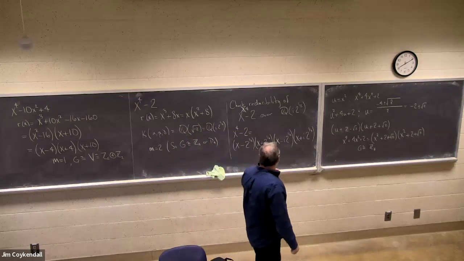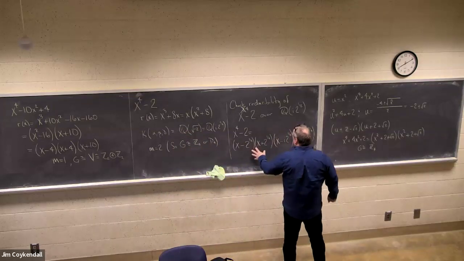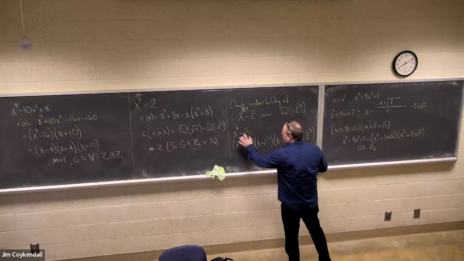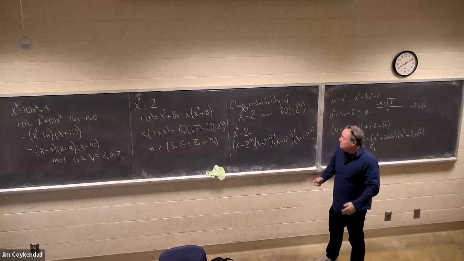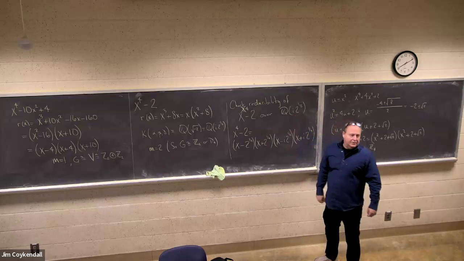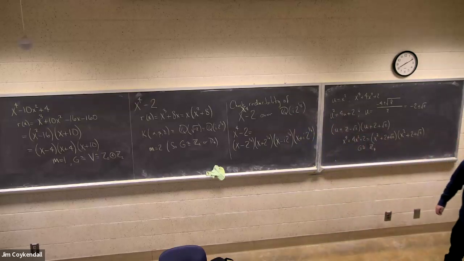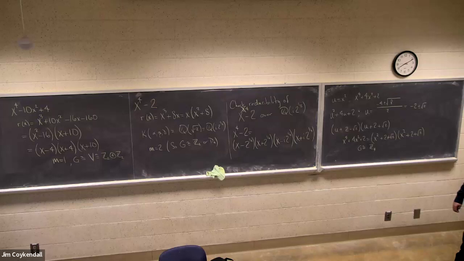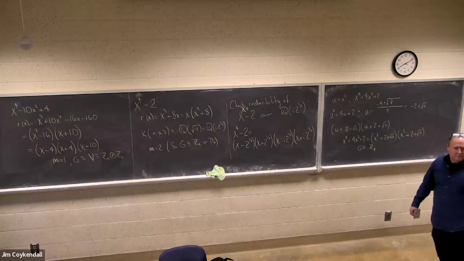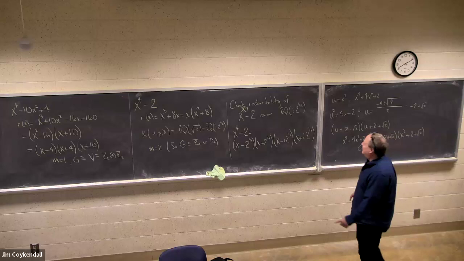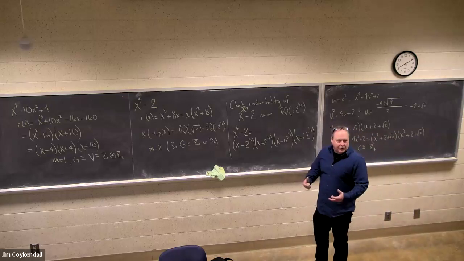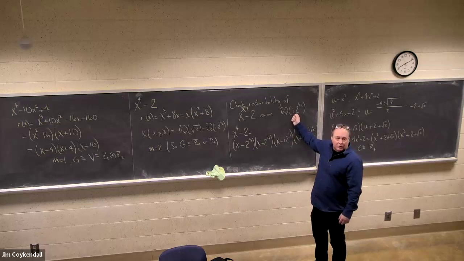Now, what I want to figure out is whether this thing is reducible over this field. How can I tell? Well, if it reduces, it has to reduce into two factors, both of which have coefficients in the field.